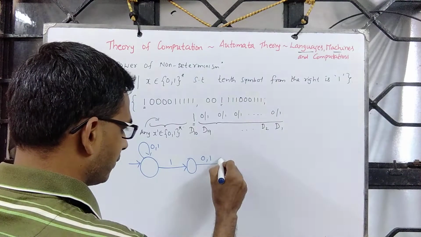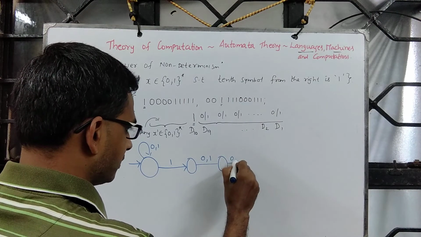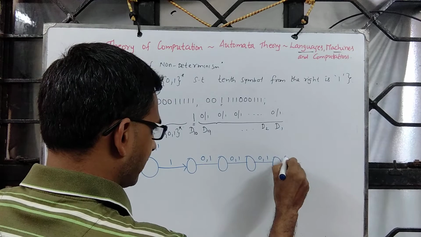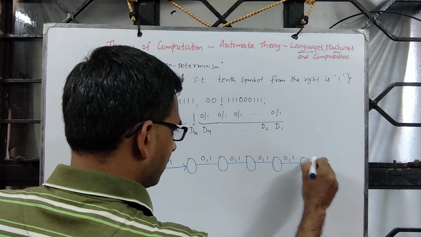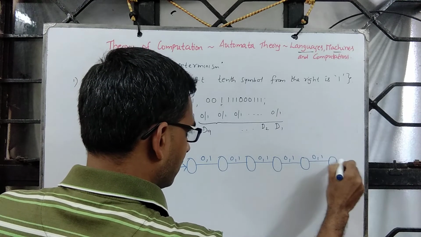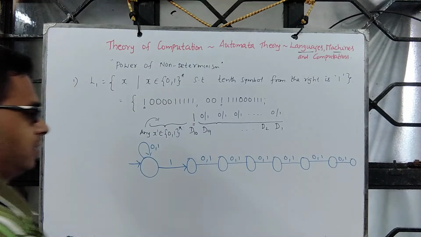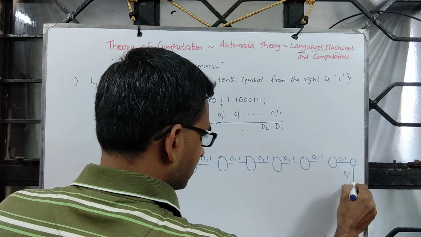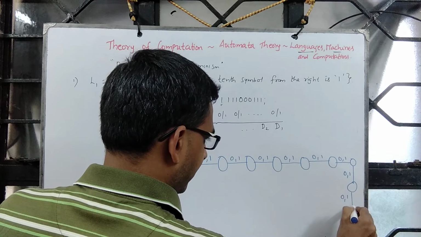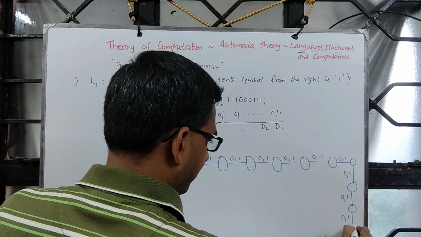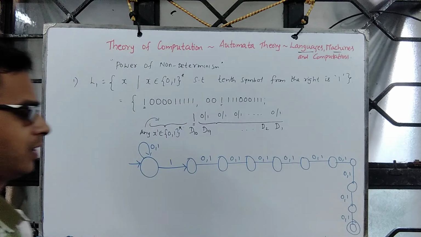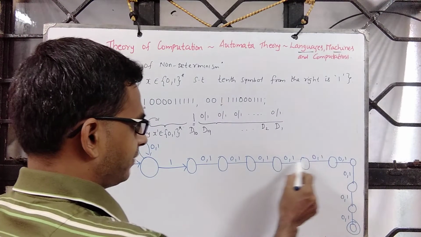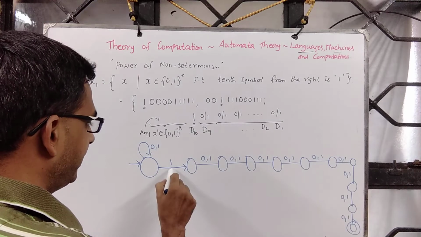For both of them I go to this state, then again 0 or 1, then again 0 or 1, then again 0 or 1, then 0, 1, 0, 1. So 1, 2, 3, 4, 5, 6, 7, 8, if you count from this it would be D1, D2, D3, D4, D5, D6, D7, D8, D9, D10 is 1.